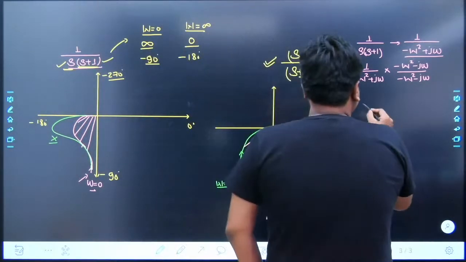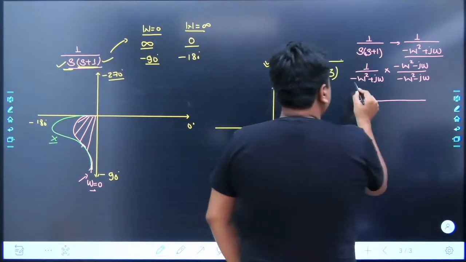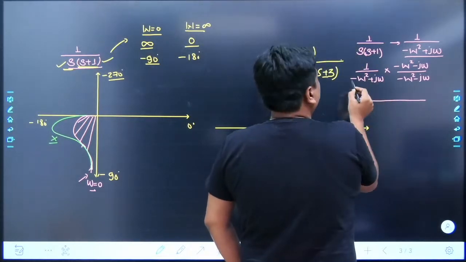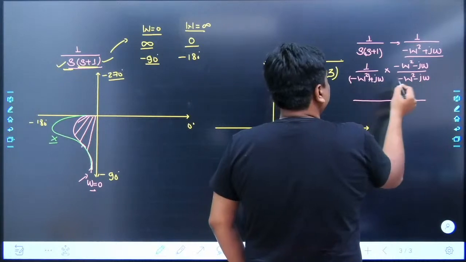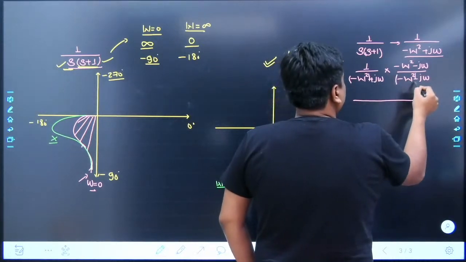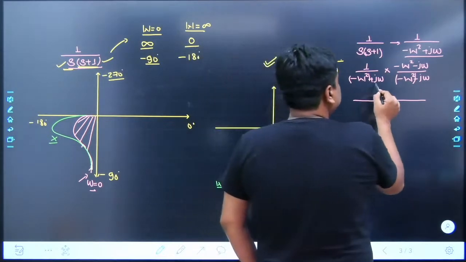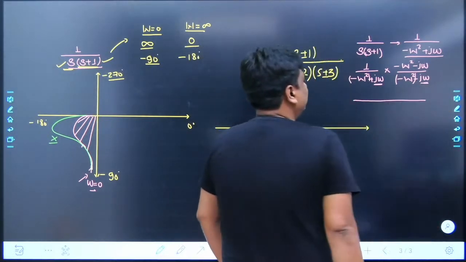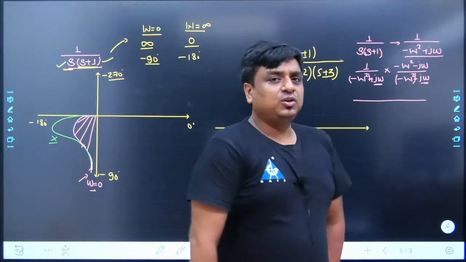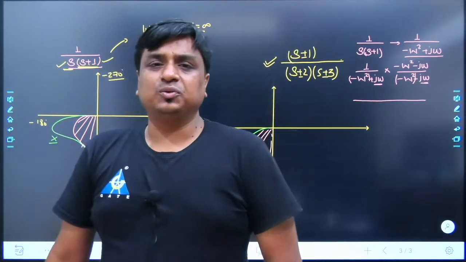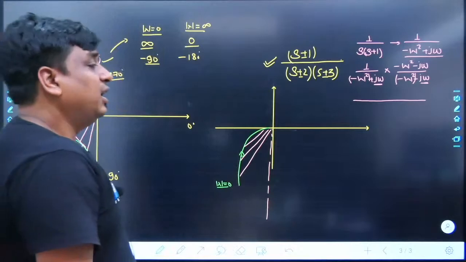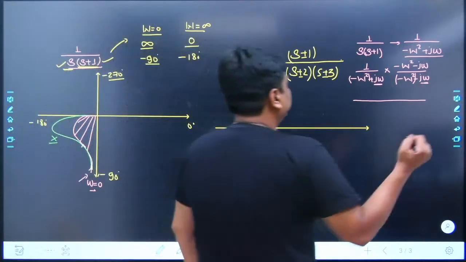Once we do the rationalization, in the denominator, just try to understand this: minus omega square is in place of a, and j omega is in place of b. And as we know, (a plus b) into (a minus b) is the identity we have been using since childhood, and that is a square minus b square. So let me feed those data.